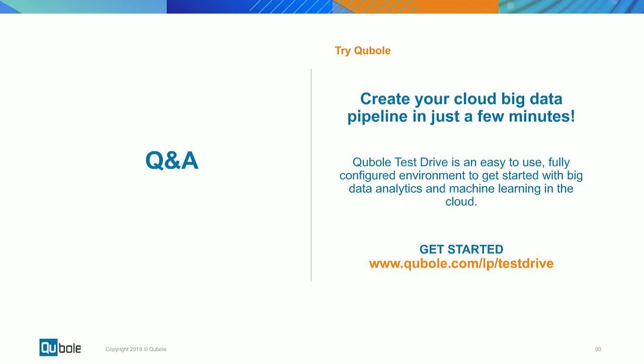The next question was around batch ETL jobs. What's the best engine for batch ETL? Pradeep? Yeah, I can take that as well. The best engine from my perspective for batch ETL would be Hive.